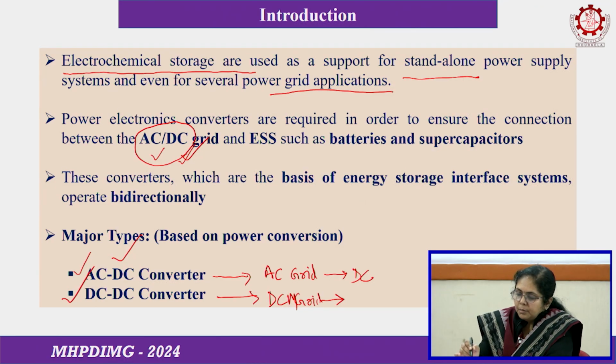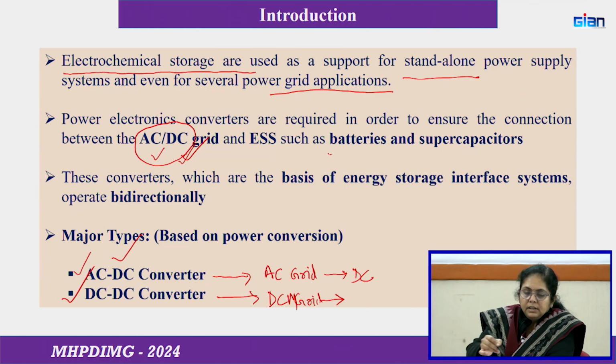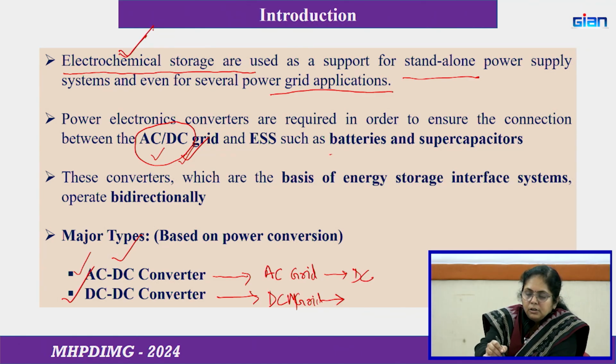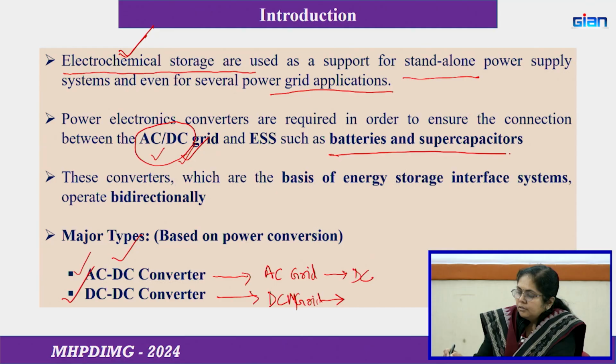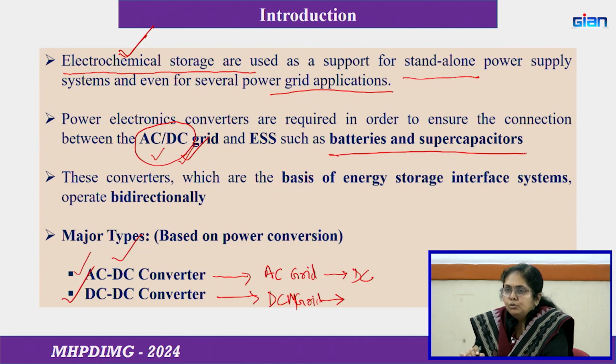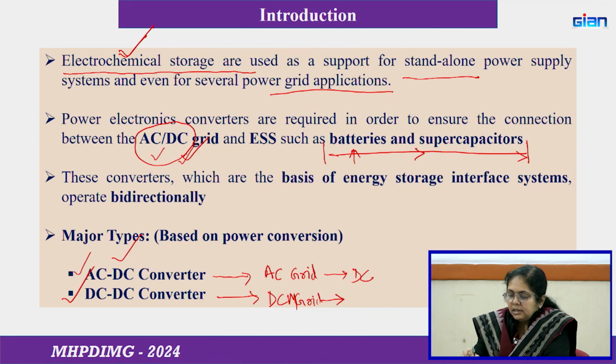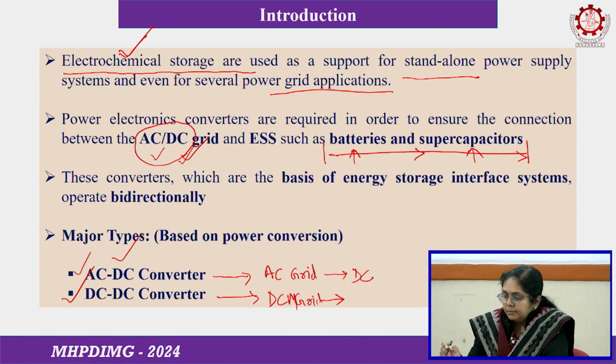When I talk about energy storage, we are mainly focusing on electrochemical storage, where we have discussed two storages, the battery and the supercapacitor, which have complementary characteristics. Nowadays they are mainly used for microgrid applications: the battery has high energy density and the supercapacitor has high power density.